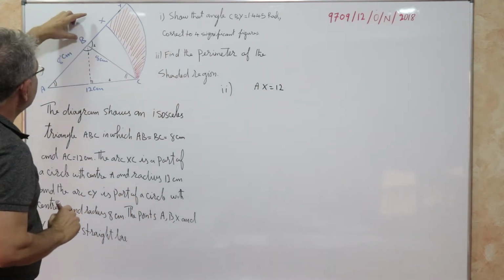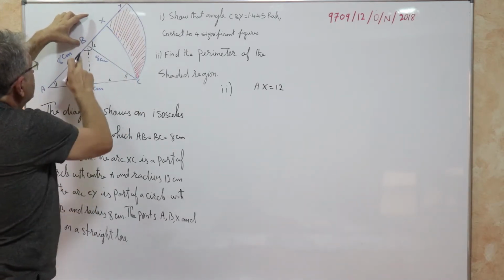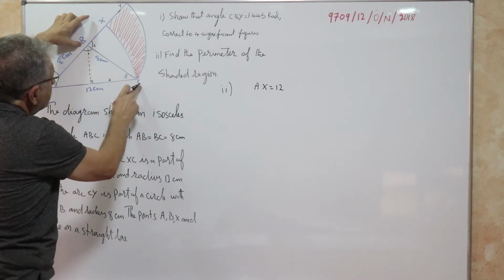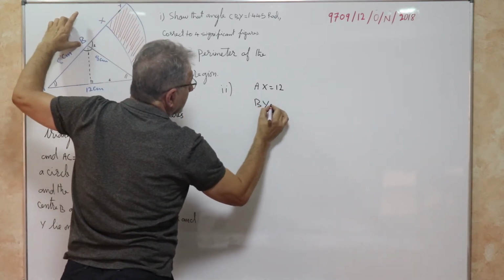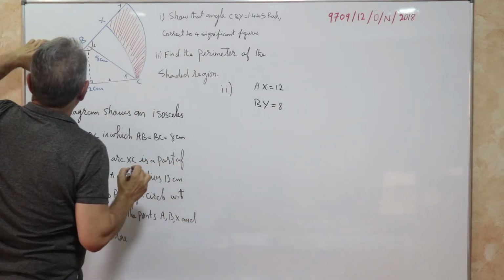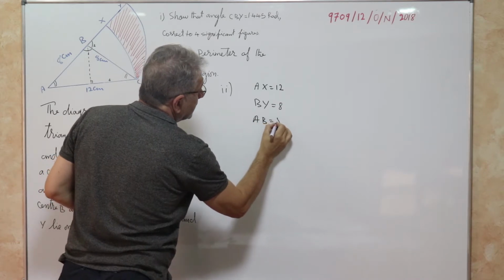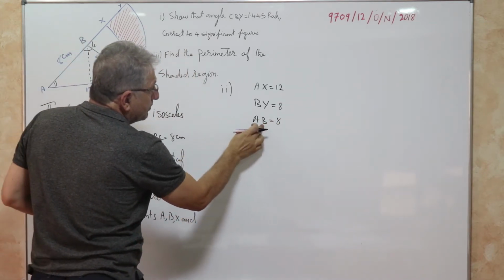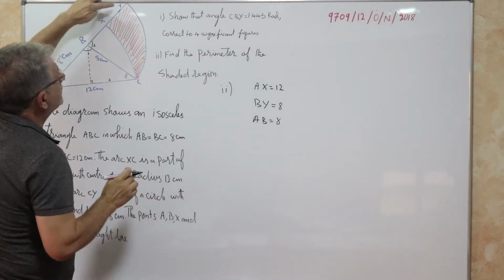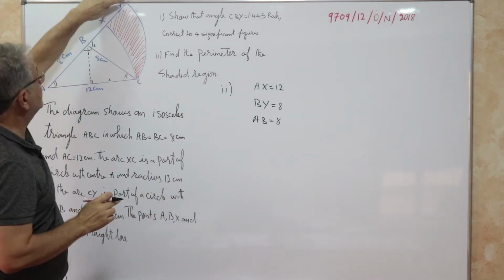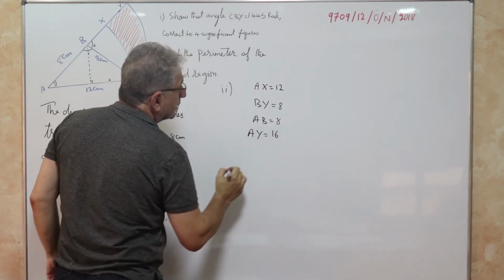Now, we know that CY is again a part of a circle whose center is B and radius is 8. Therefore, BY is 8. And we know that AB also is 8. Therefore, AB plus BY, which is AY, is 8 plus 8, totally 16.